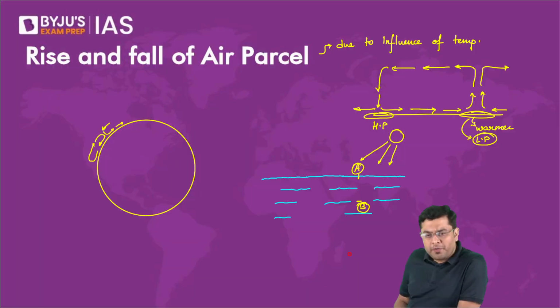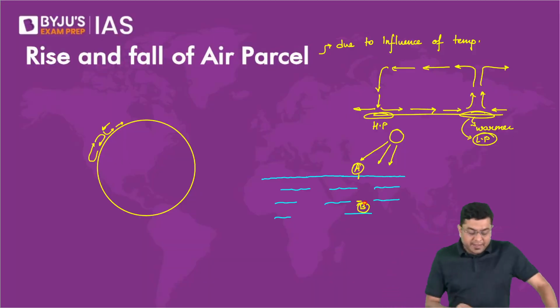A, always, right? A will always indicate a higher temperature because that is where more amount of solar rays will be received, and B will indicate a colder temperature because it is at a depth of water. As you start going into the deeper regions of the water or the ocean, it keeps on getting colder and colder. So A will be warmer.